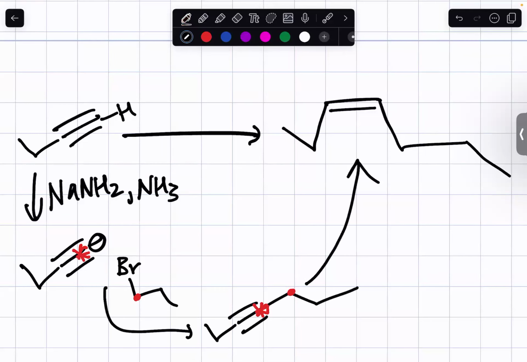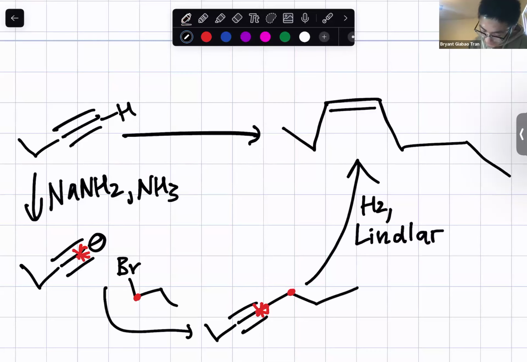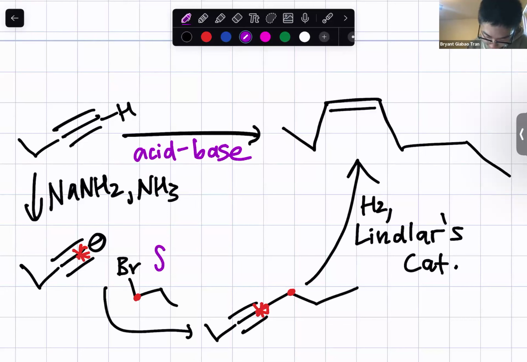Now, how can we convert that into this? You would use H2 and then Lindlar's catalyst. Yes, that's right. That's the synthesis. The first step was acid-base reaction. The second step was SN2. The third step is reduction to cis alkene.